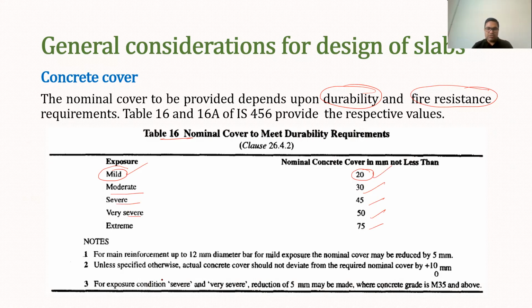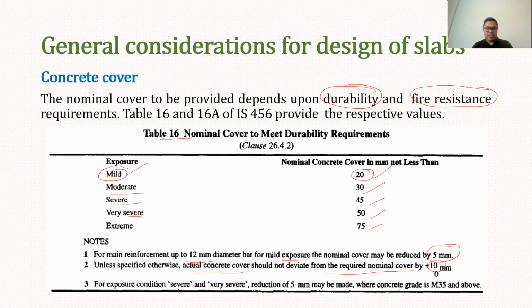Here in the notes, some values are provided. It says that for main reinforcement up to 12 mm dia bar, for mild exposure, the nominal cover may be reduced by 5 mm. Similarly, unless specified otherwise, the actual concrete cover should not deviate from the required nominal cover. It says that the value of cover should not be less than or more than 10 mm from the standard value.